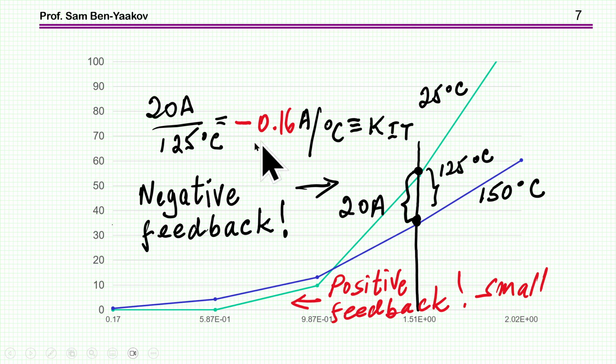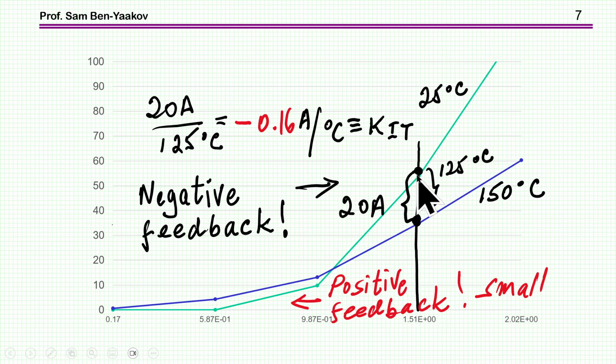Now I can calculate this coefficient, which is a change in current as a function of the temperature, and I'm assuming a linear relationship here. So 20 divided by 125 is 0.16, and it's minus, because the current is going down as the temperature goes up.